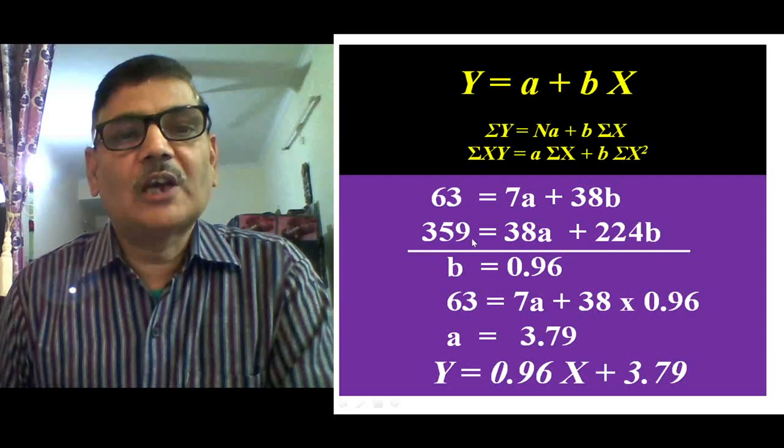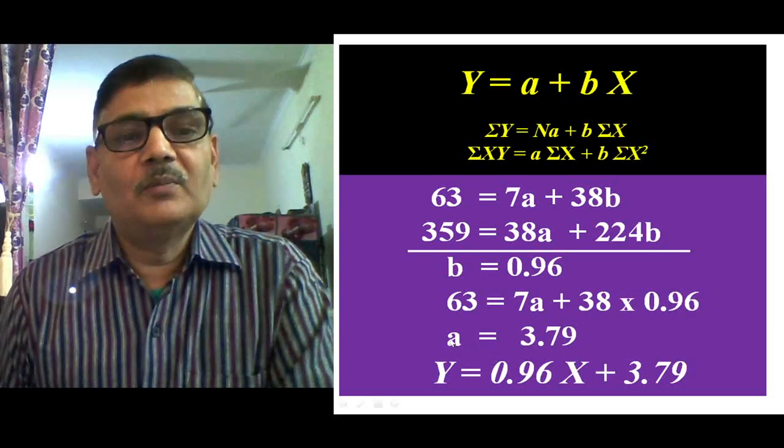When you solve this, the value of b comes to 0.96. By putting the value of 0.96 in this equation, that is 63 is equal to 7a plus 38 into 0.96, you will be able to get the value of a, and that will come to 3.79.